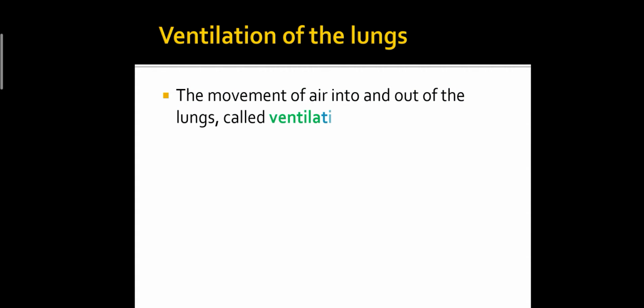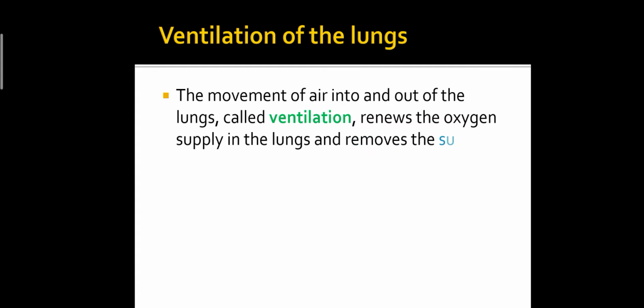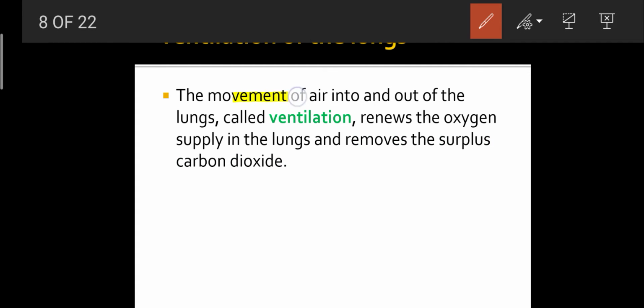Now we will talk about the ventilation of the lungs. What is ventilation? The movement of air into and out of the lungs is known as ventilation. It renews the oxygen supply in the lungs and it also removes the surplus carbon dioxide.